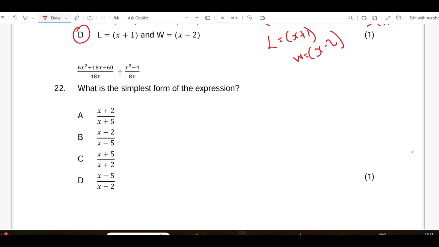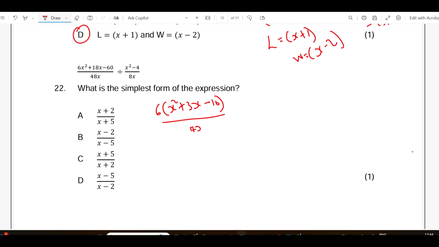The common factor is 6. And we know that we divide by common factors. So 6x squared divided by 6, I'll be left with x squared. 18 is going to be 3. Negative 60 divided by 6 is going to be negative 10.